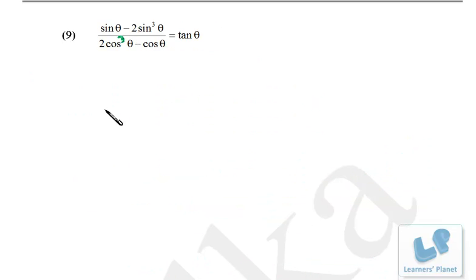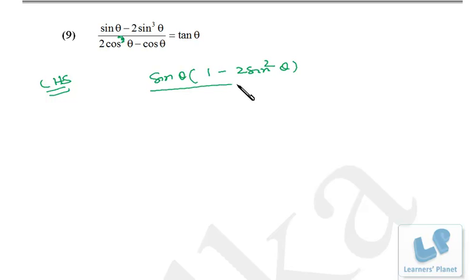Now let's see this problem. We start further with the left hand side. Sin theta minus 2 sin cube theta. I take sin theta as common. Then I am left with 1 minus 2 sin square theta. And from the denominator, 2 cos cube theta minus cos theta, I take cos theta as common. So it's 2 cos square theta minus 1, right? Now what? In the numerator, instead of sin square theta, I write cos square theta, or I convert the sin square theta to cos square theta.